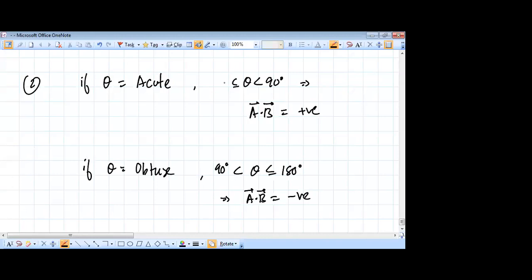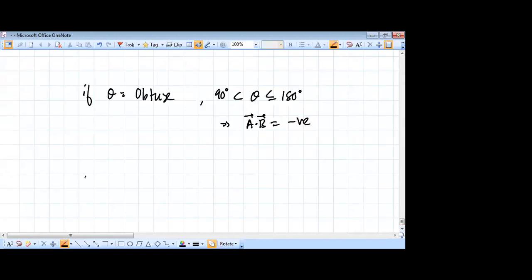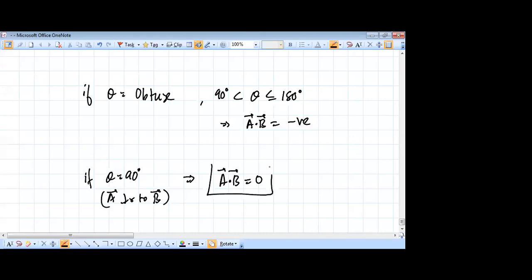Here it is greater than or equal to 0, less than 90. And now a very important special case: if theta happens to be 90 degrees, that is A is perpendicular to B, then A dot B becomes 0. This has a special significance which we will understand later. Scalar product of perpendicular vectors is 0. If A is perpendicular to B, then the dot product is 0.